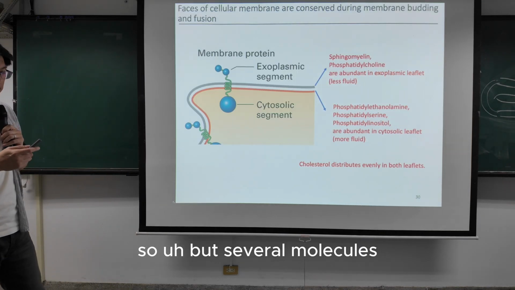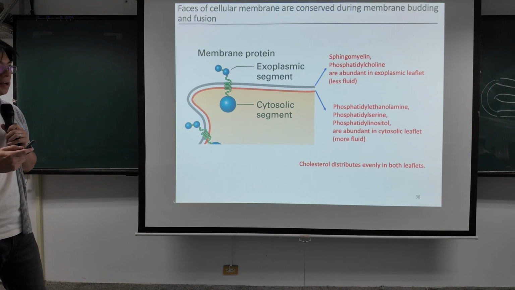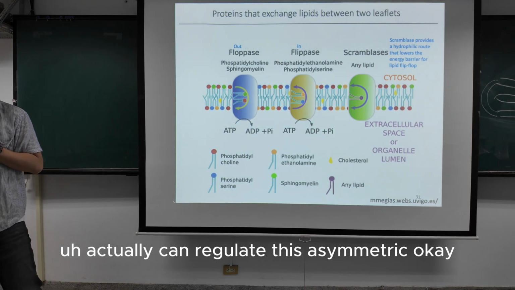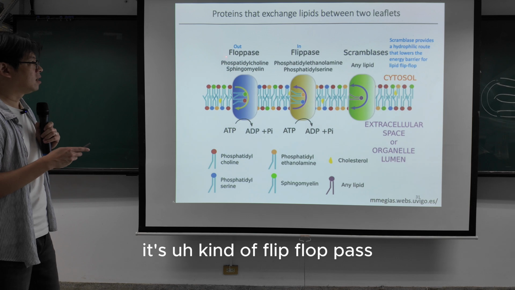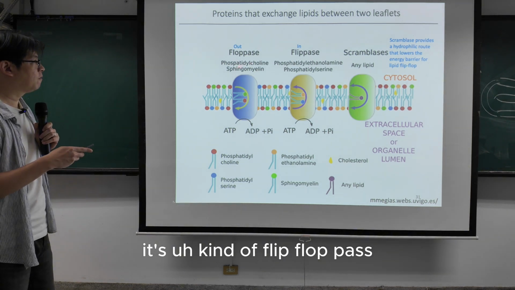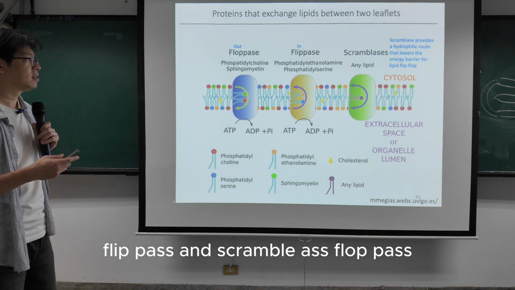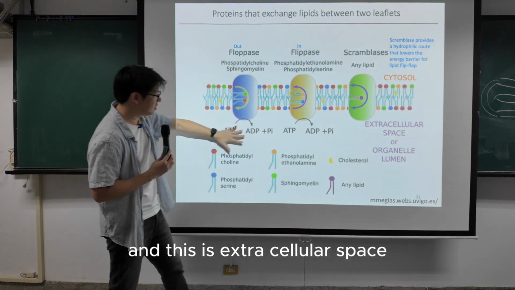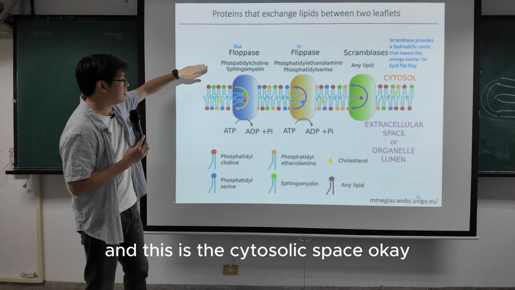But several molecules can actually regulate this asymmetry: flippases, floppases and scramblases. This is a lipid bilayer, this is the extracellular space, and this is the cytosol.